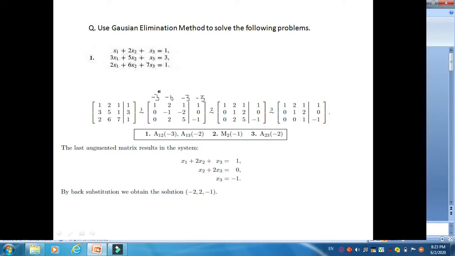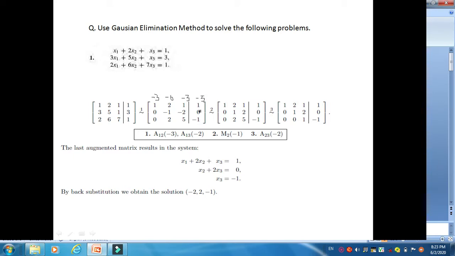After multiplication, we have to add that row to the second row. So 3 minus 3 equals 0, 5 minus 6 is minus 1, 1 minus 3 is minus 2, 3 minus 3 is equal to 0.